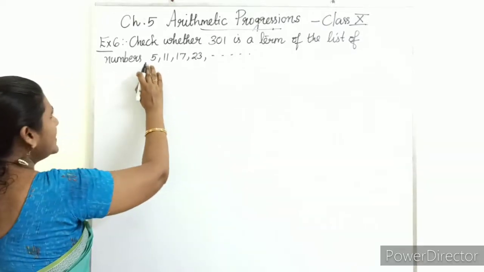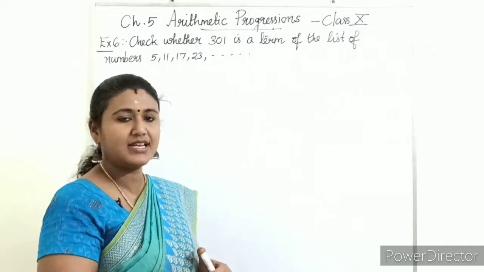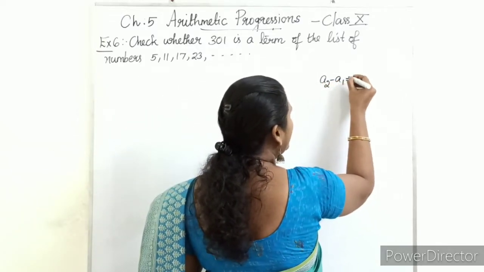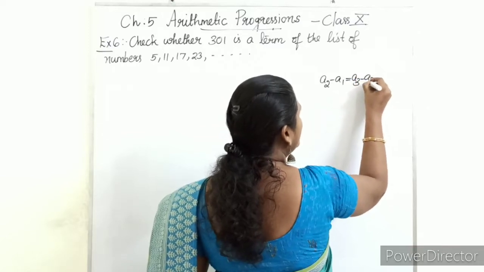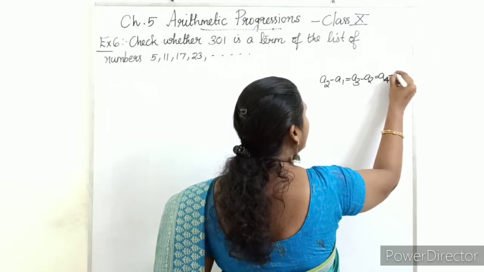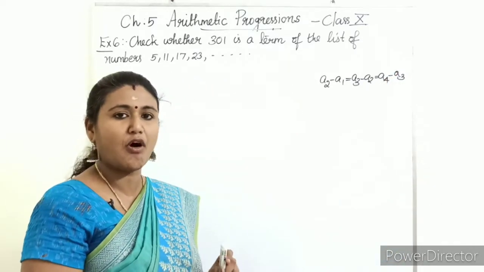First, the method to check whether the given list forms an AP: you have to find a2 minus a1, a3 minus a2, a4 minus a3. If all these values are equal, then we can say that the given list of numbers forms an AP.